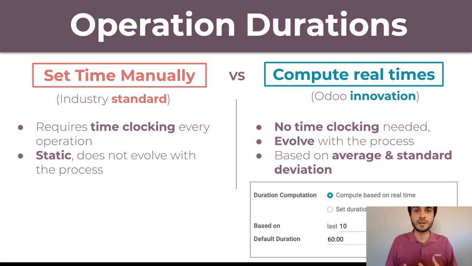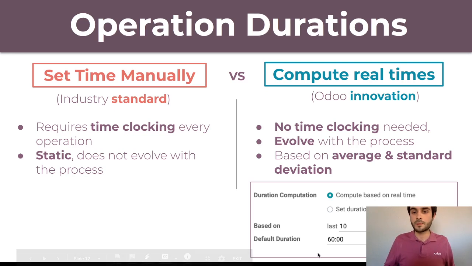Odoo has an innovation here as opposed to other software, in that you can, if you want, add automatic clocking to your various work operations so that you can follow the process with time and have a realistic view of how long it takes to make something, rather than have to do the research, follow a specific work order, use a timer as we still do a lot today, and translate that onto the bill of materials later on.